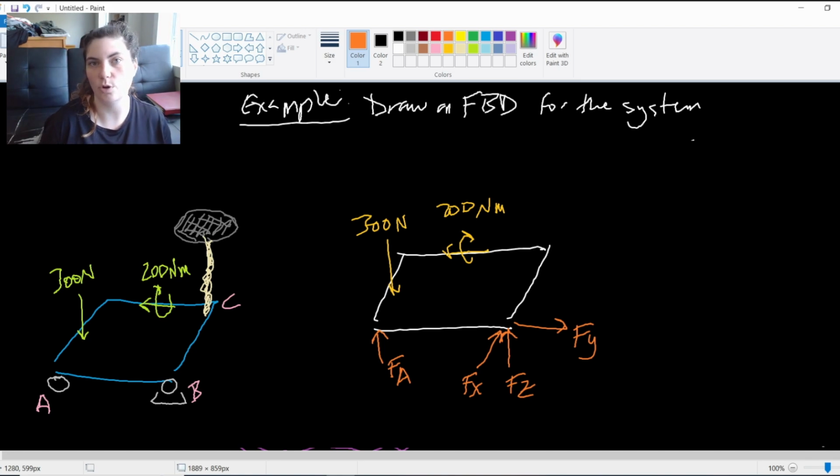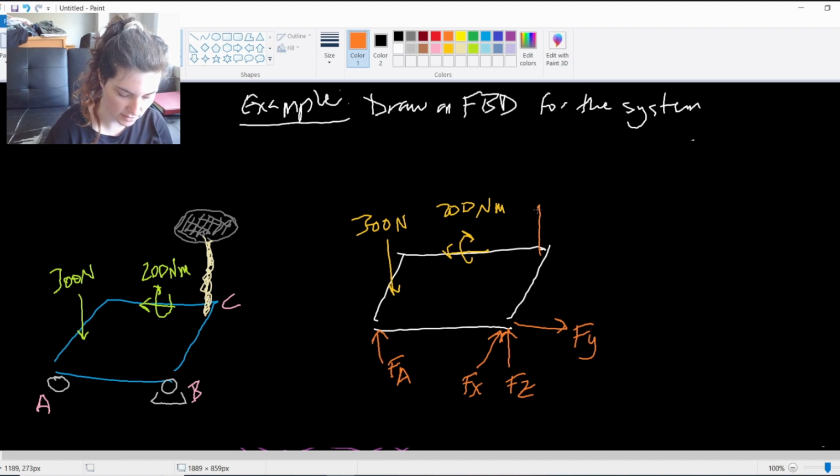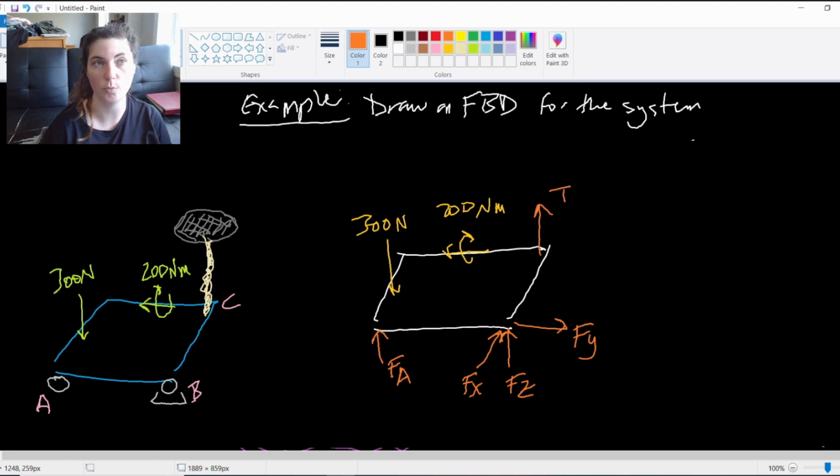You can almost think of the rope as like a two-force member, where it has this force on the ceiling and a force on the plate. So the only force acting at point C here is the tension force from the rope. It's not locked in any other direction. It's a rope. It can swing around if it needs to. The only force acting here is the tension T in that rope.